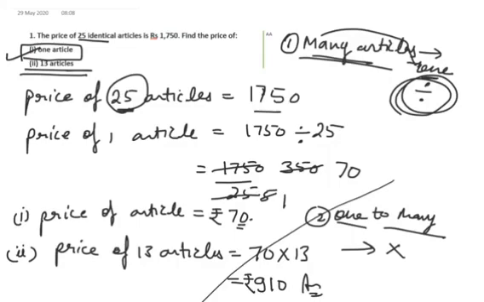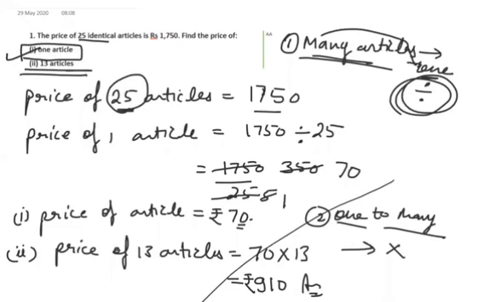So basically, now you just understand the question. What I am telling you, just listen: sometimes you are given the price of many articles and you are being asked to find the price of one article. Then you just divide the price by the number of articles given.